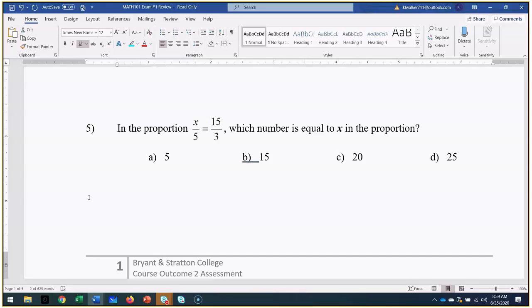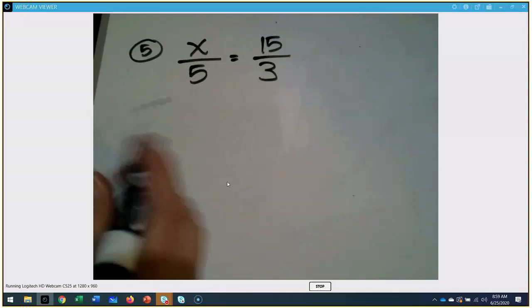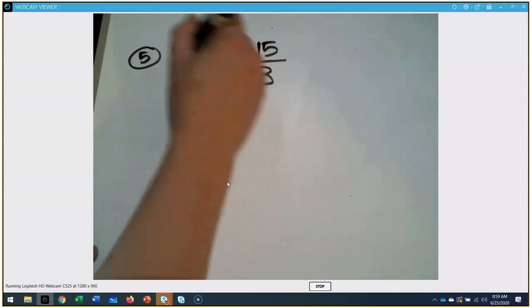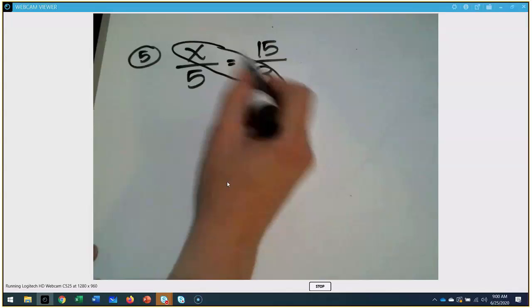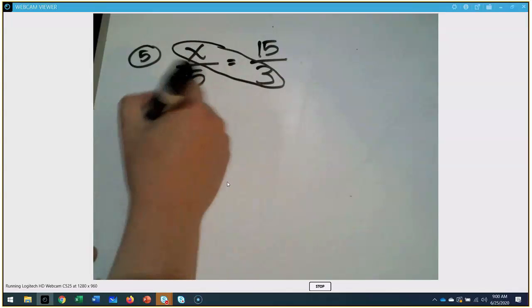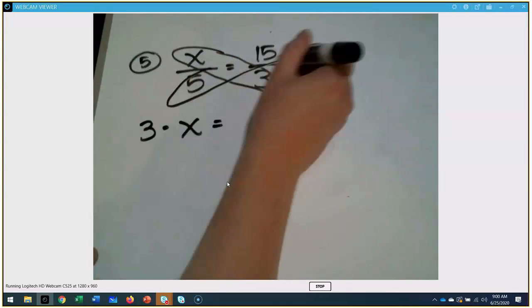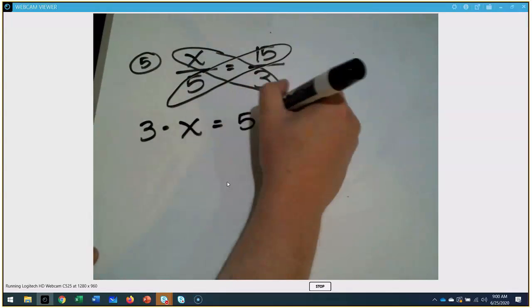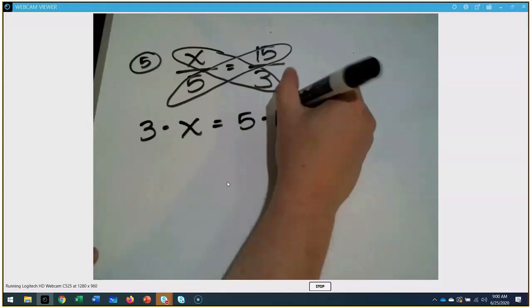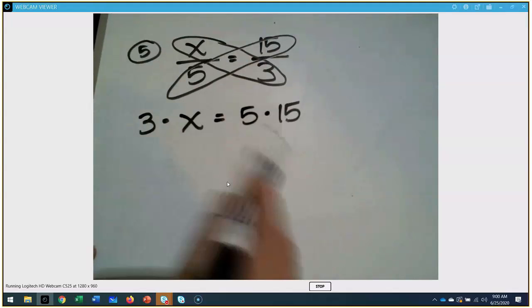This one here, they just want you to solve this proportion. So we've been working with proportions for days now. Hopefully everybody is comfortable with this part now. So all I'm going to do is cross multiply. It'll be 3 times x equals 5 times 15. There's my setup. Now I clean it up.